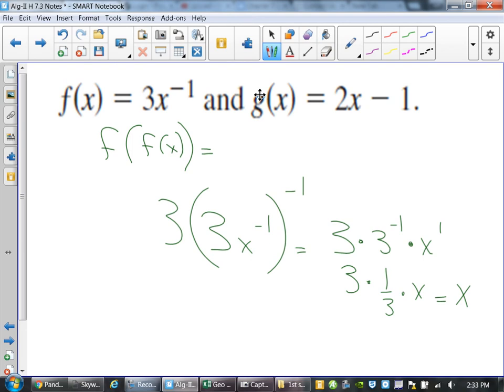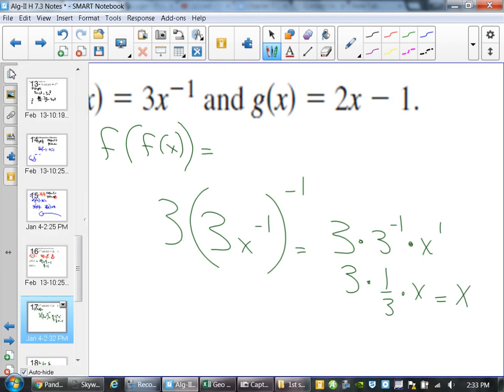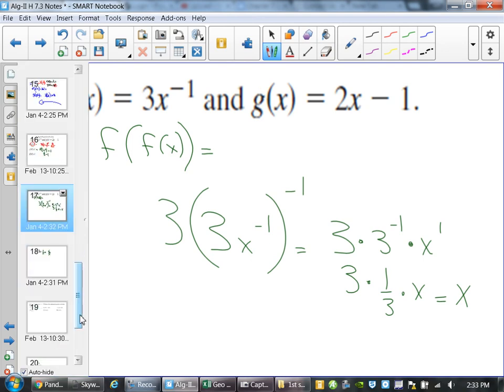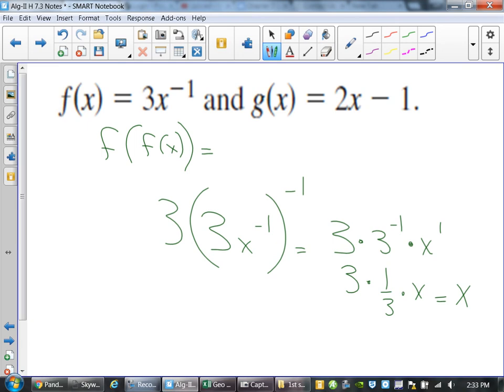You didn't see that one coming? I did the exponent rules. Since I got a monomial raised to the exponent, I distribute the exponent to both parts. So I got the negative 1 times negative 1 is positive 1.